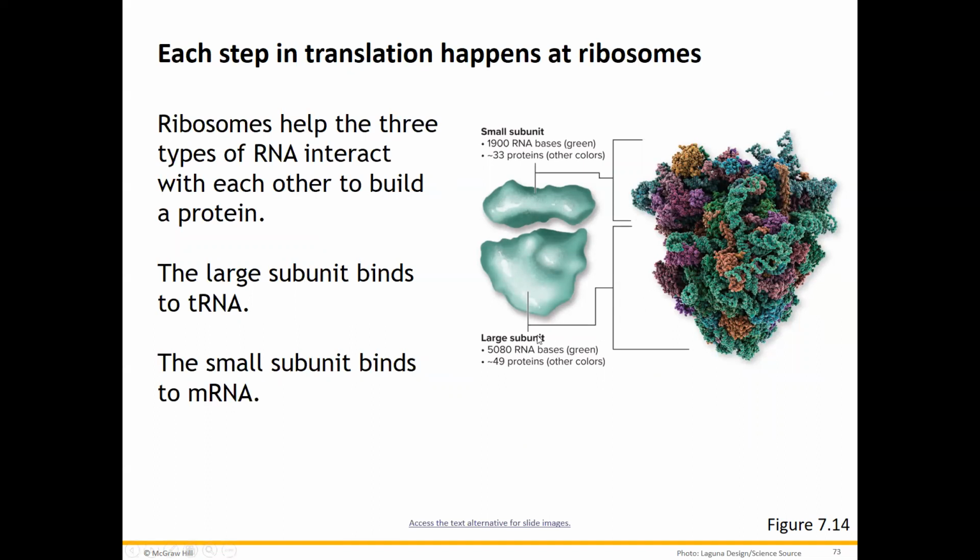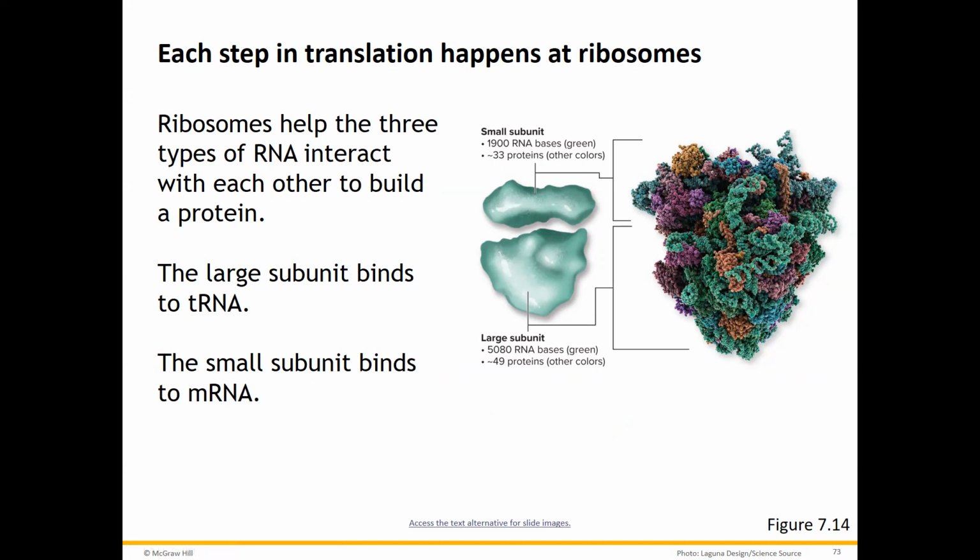Now, everything that's happening in translation is going to happen at the ribosomes. Here is the small subunit, and this is considered the large subunit. They're showing you those two parts where you're seeing the molecular structures twist and turn, and supposedly the small is on the top and the larger is this big lower part. Ribosomes help the three types of RNA interact with each other to build the protein.